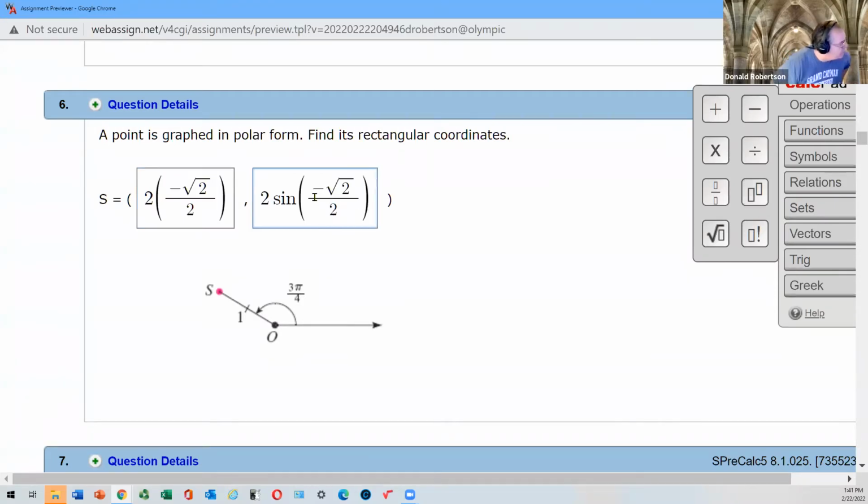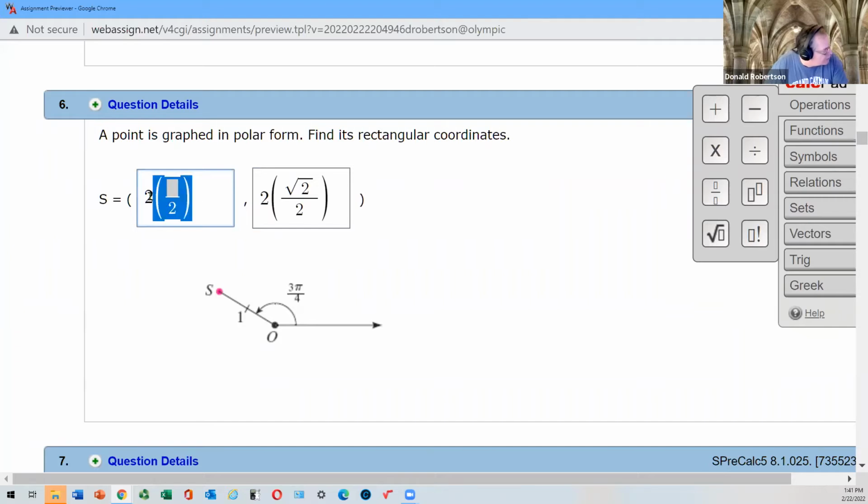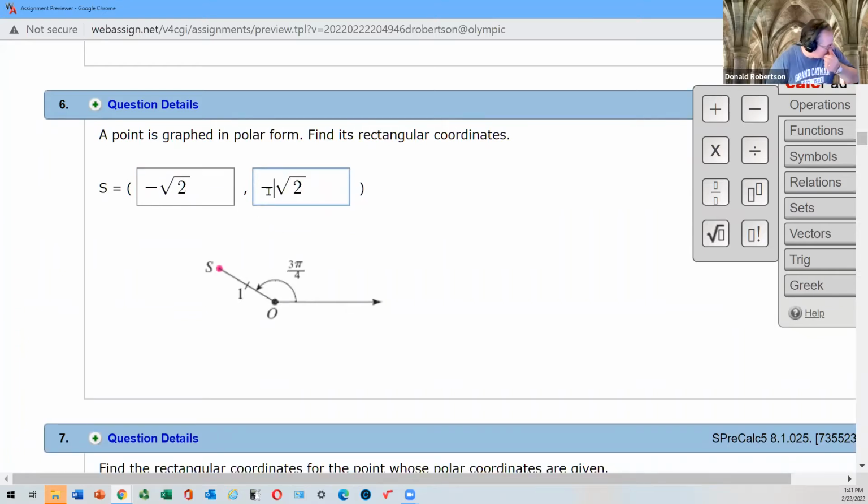Kind of taking you through what the working would look like. And they cancel down, and all you end up with is that one. And that one.